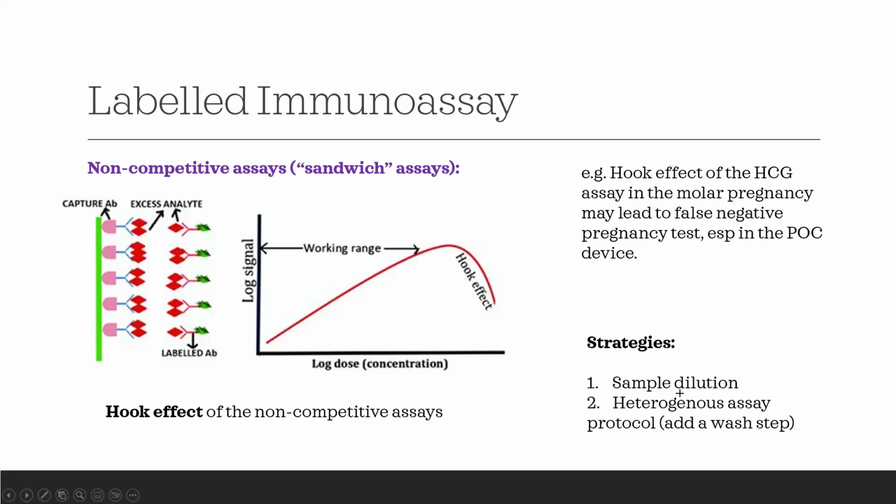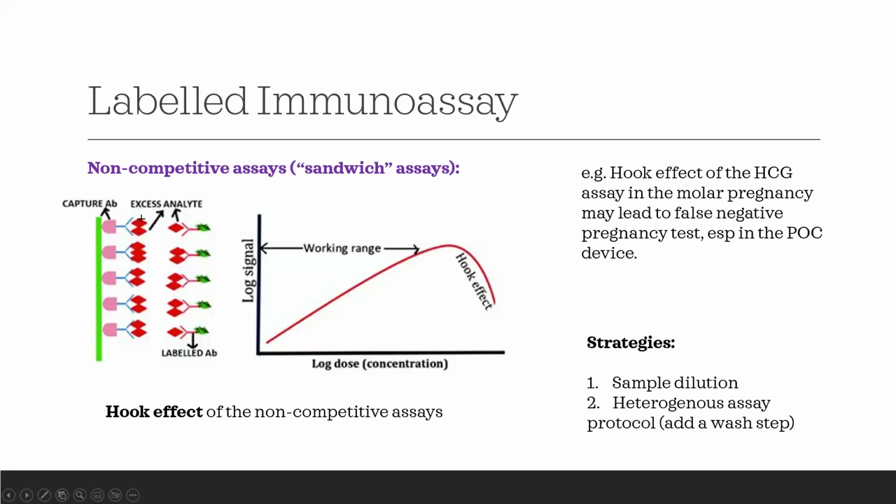The first is very straightforward: sample dilution. We bring the diluted sample back into the working range in terms of concentration, and then we are able to perform the assay properly. The second strategy, alternatively, is to add a wash step before adding the second antibody.